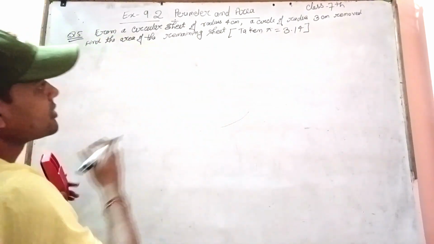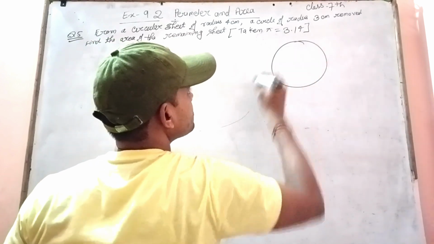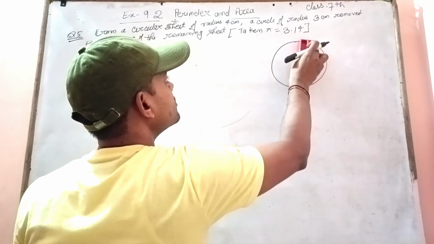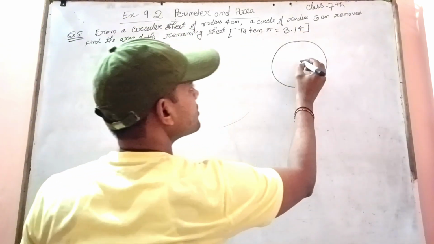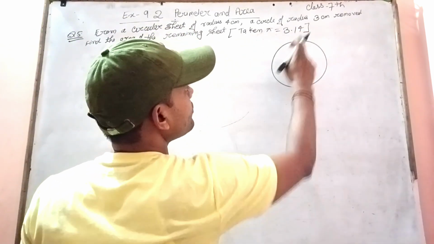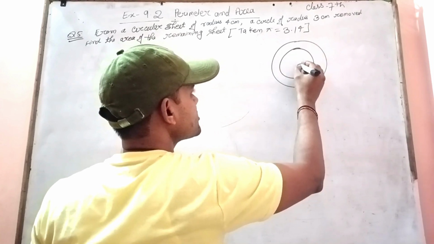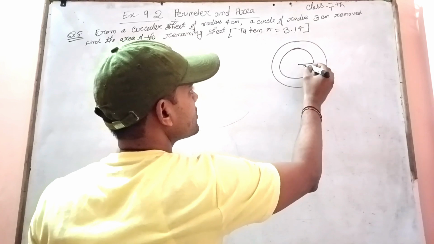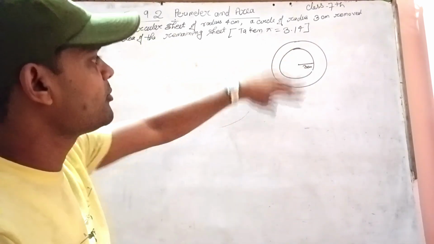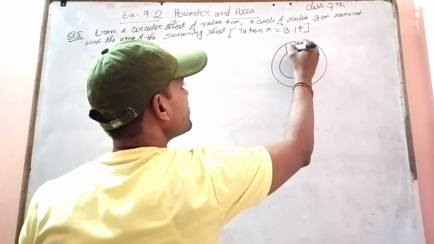From a circular sheet, a circle of radius 3 cm is removed. Find the area of the remaining sheet.